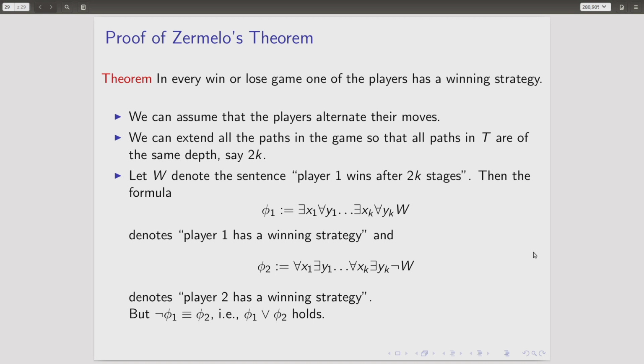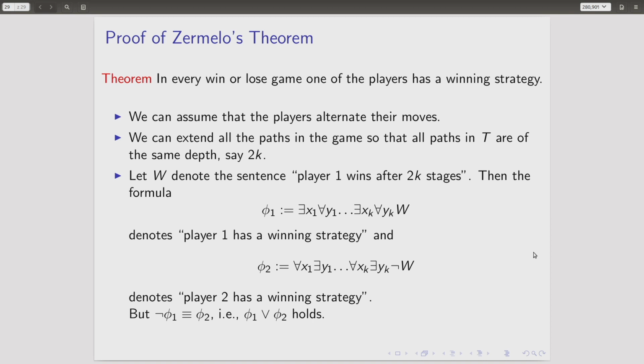Now, that the player has a winning strategy is this formula. And that player 2 has a winning strategy is the formula which says that no matter what player 1 chooses, I have a great response y1, such that no matter what x2 he chooses, I have a fantastic continuation y2, and so on, so that he loses. As a result, we have two formulas.